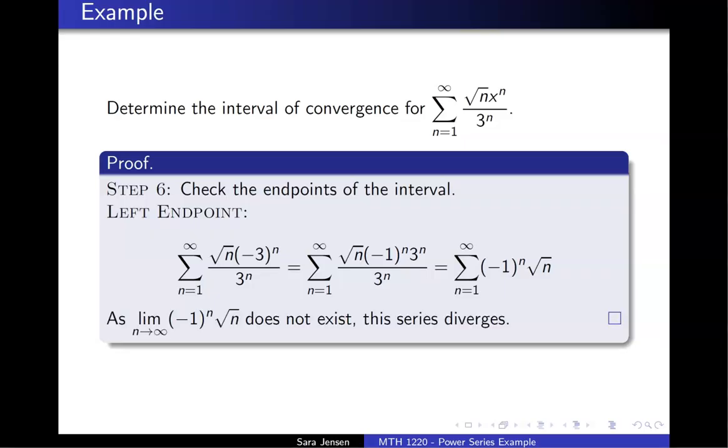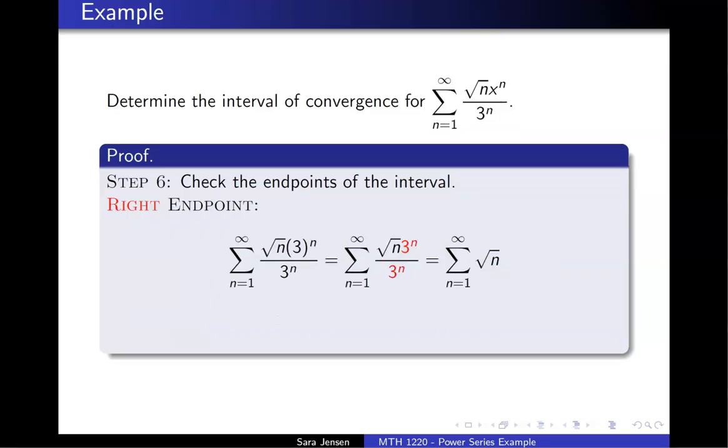Notice that when we take the limit of those addends as n approaches infinity, that limit does not exist. It oscillates back and forth between a very high positive value and a very low negative value. Thus, this series cannot converge by the nth term test for divergence.